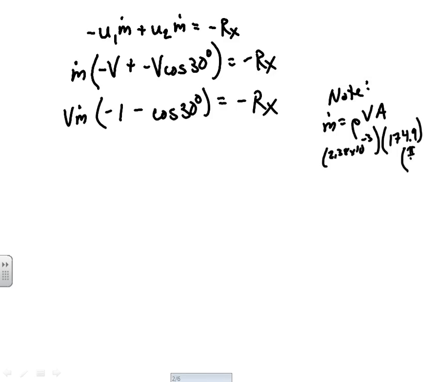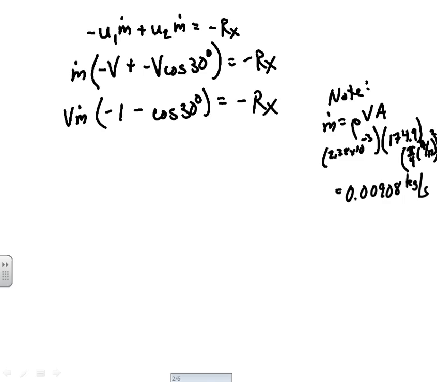At location 1, it's pi over 4 times, it was 4 inches squared. So 4 over 12. I'm sorry, it was a 2-inch diameter. 2 over 12 squared. And you find that m dot is equal to 0.00908 kilograms per second.